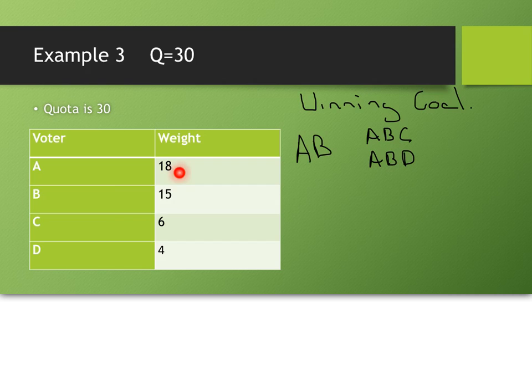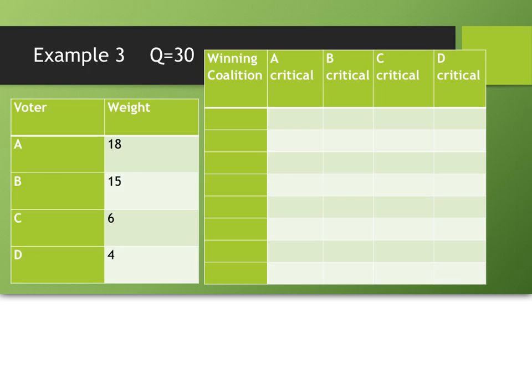The only way you can get that is with 3 players. Now, obviously, if you add up all 4 players, A, B, C, and D, by players, I mean voters, that is a winning coalition. So we had A, B as a winning coalition, A, B, C, A, B, D, and A, B, C, D. That was 4 winning coalitions.